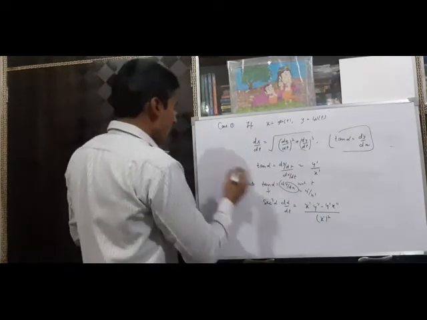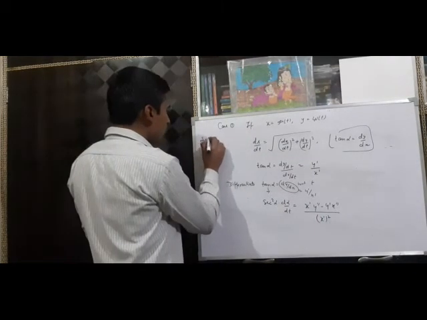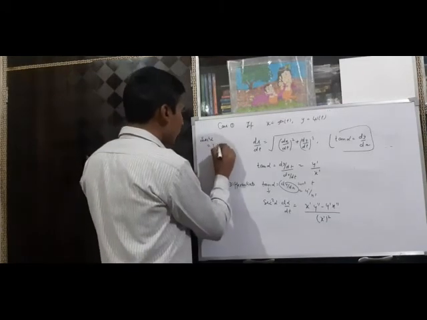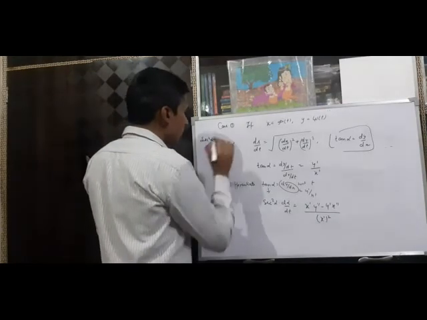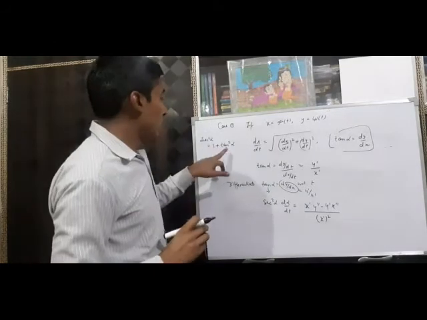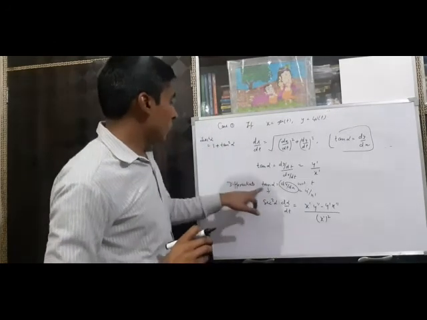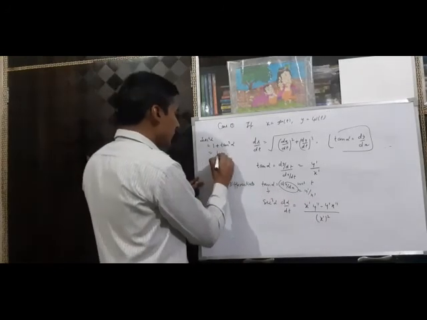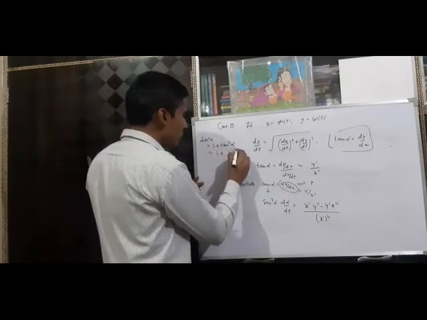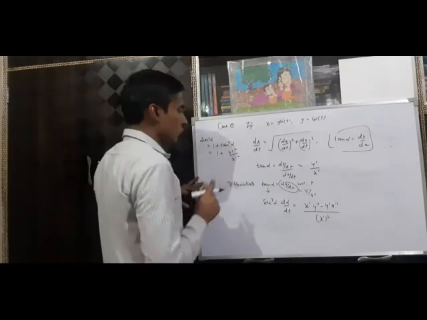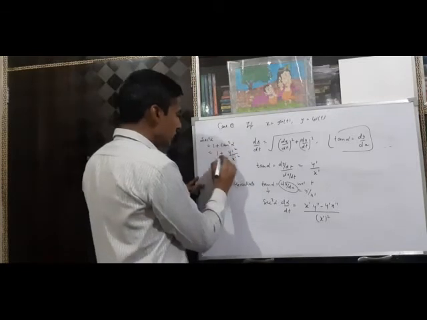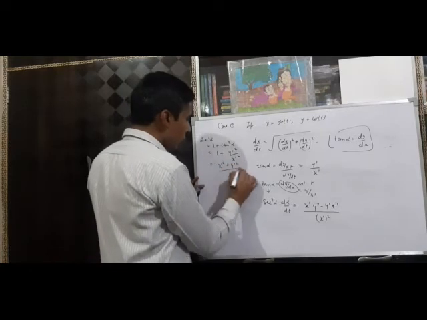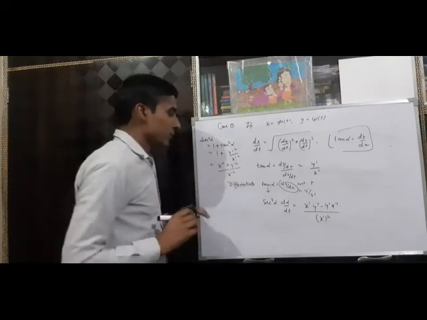Again, as we know, sec square alpha can be written as 1 plus tan square alpha, and as tan alpha is y prime upon x prime, this can be written as 1 plus y prime square upon x prime square. So this can be written as x prime square plus y prime square upon x prime square.